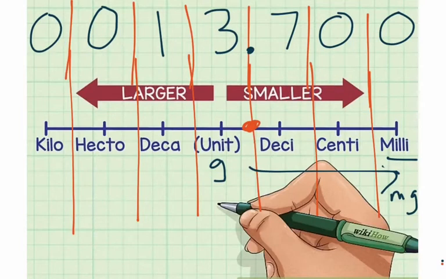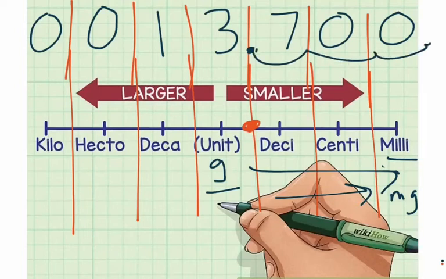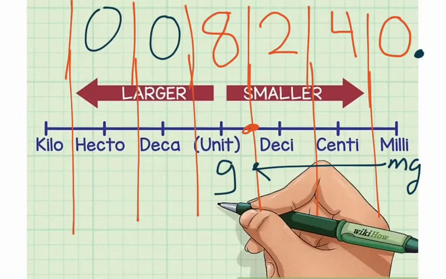Next problem, they're asking you to take 13.7 grams and convert those into milligrams. It's pretty simple. You just go from your grams, slide it over once, twice, 3 times, multiply by 1,000, and you end up with 13,700 milligrams. So 13.7 grams is the same as 13,700 milligrams.